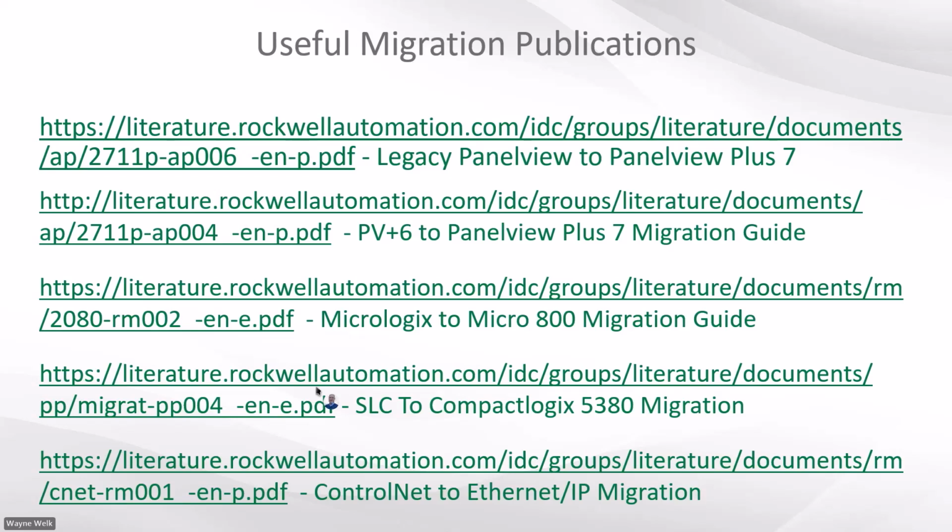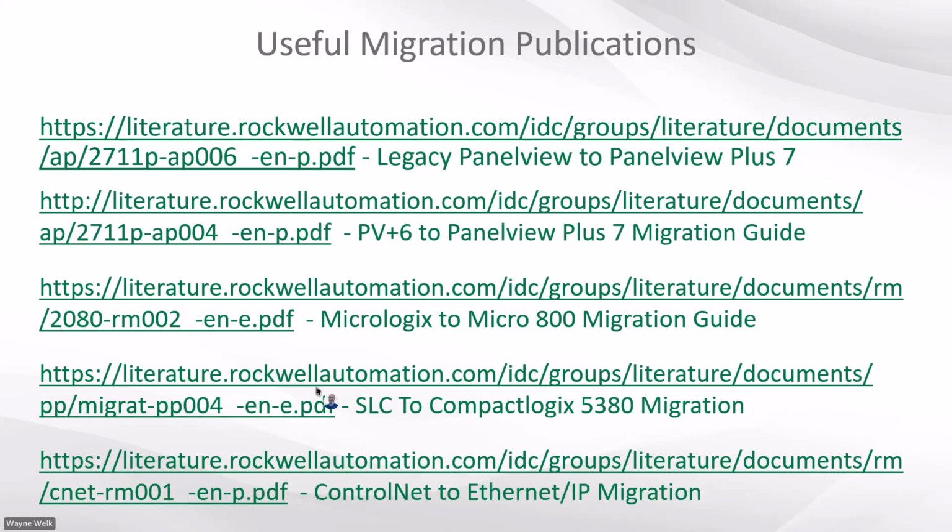And I put together this list, and I'm more than glad to set it up. These are some migration publications Rockwell has out. I pulled out, I guess, 5 of the most common ones I use on a daily to weekly basis. You'll notice we have guides from going from Legacy PanelView to PanelView Plus 7, and a newer one for PanelView Plus 6 to PanelView Plus 7.